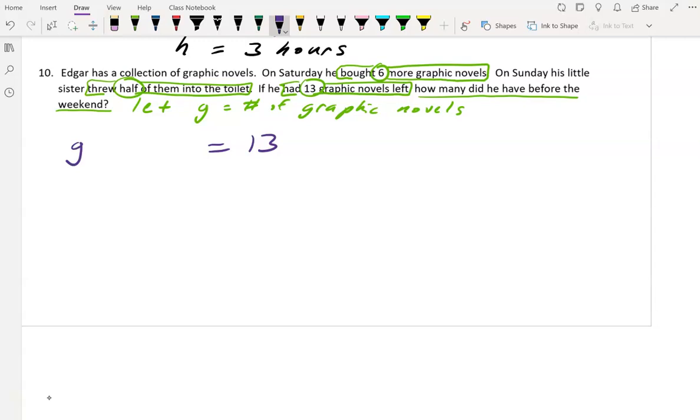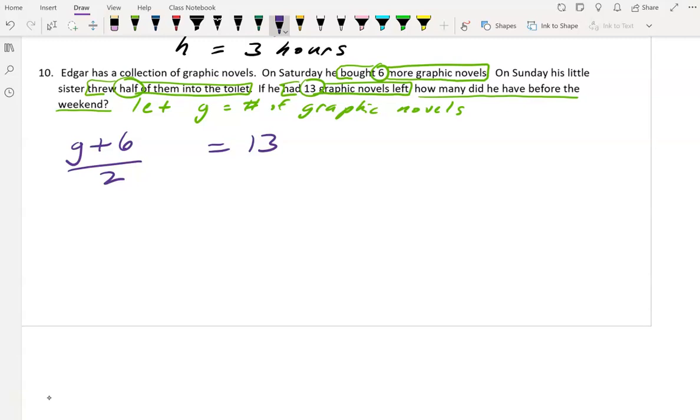He had this many novels. He bought 6 more. And then his sister threw half of them in the toilet. So we have to divide this amount by 2, because that would be getting rid of half of them. And now we have enough to solve the equation.